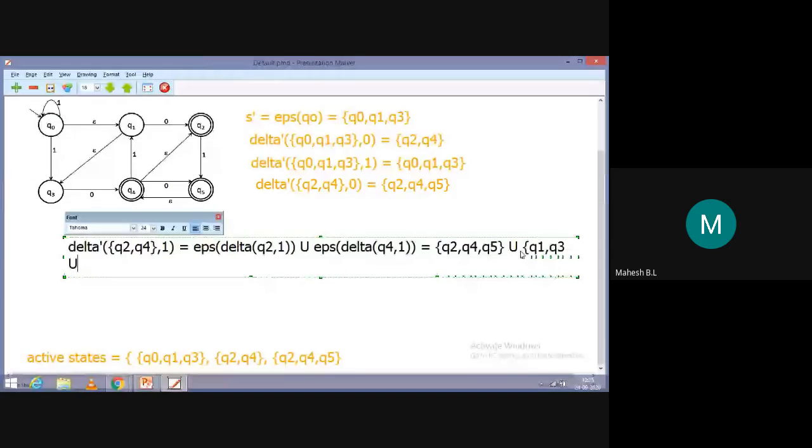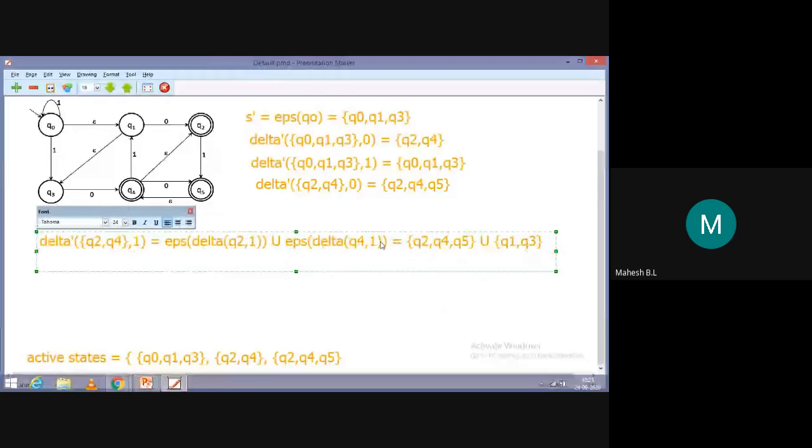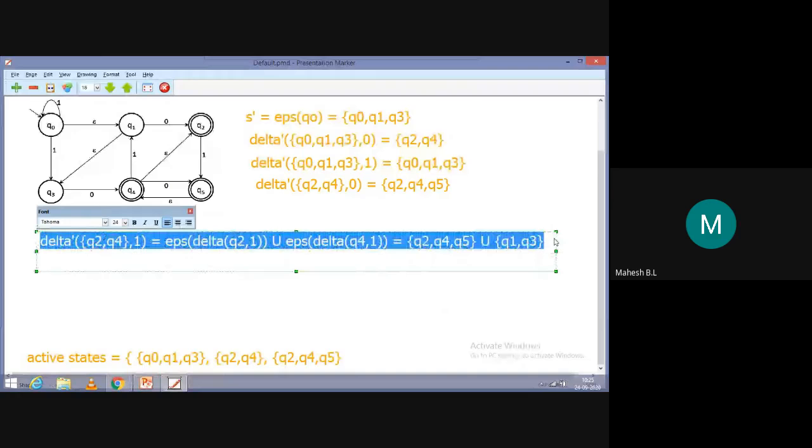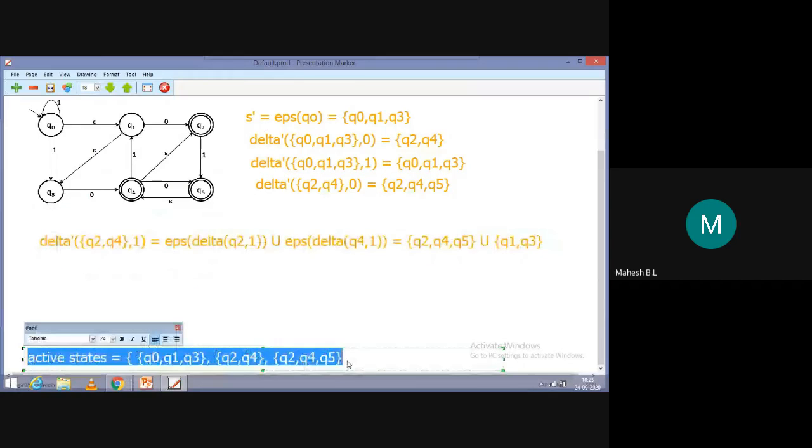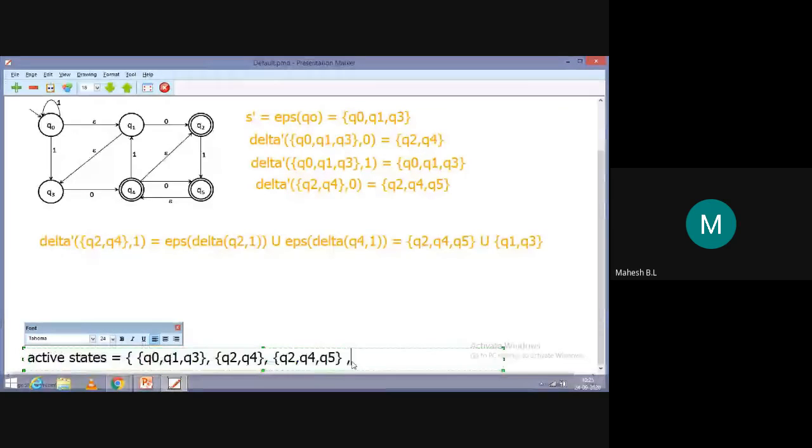So what is the new set then? New set is Q1, Q2, Q3, Q4, Q5. So you need to add it to the set of active states. Q1, Q2, Q3, Q4, Q5. So this is the new active state.